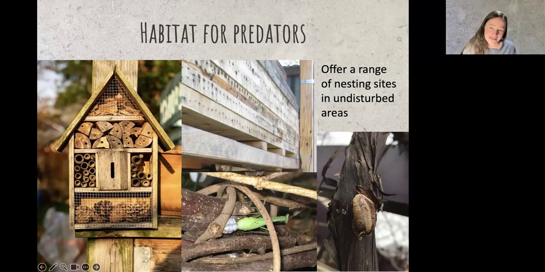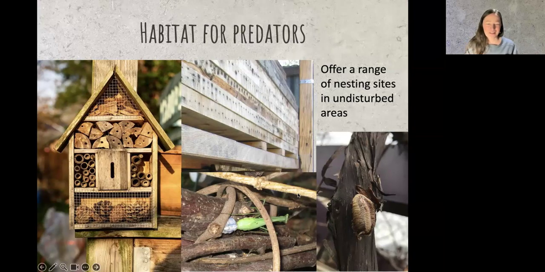But this is a praying mantis ootheca, and we can get apparently several hundred babies hatching out of this in spring. Some of them will get eaten themselves by birds and other things, and some of them will go on to become these giants. And you're never more than a metre from one of these over summer in my garden. Although they probably don't do a lot of pest management compared to all the other things, I just find them really breathtaking and I just love having them around.